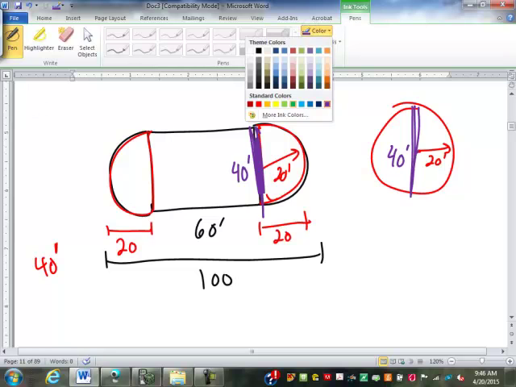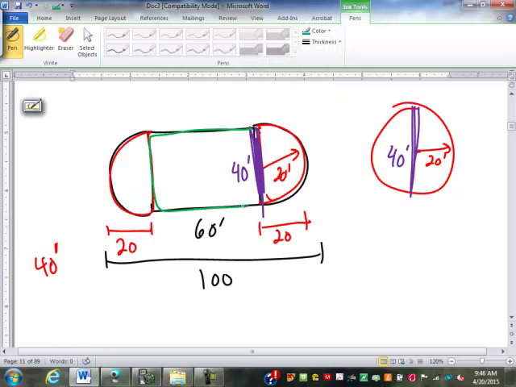So that gave us a rectangle here that was 60 by 40. That's where we got the 2,400 square feet: 60 feet times 40 feet. Now, that circle that we made from the two half circles, its area is just pi times the radius squared.